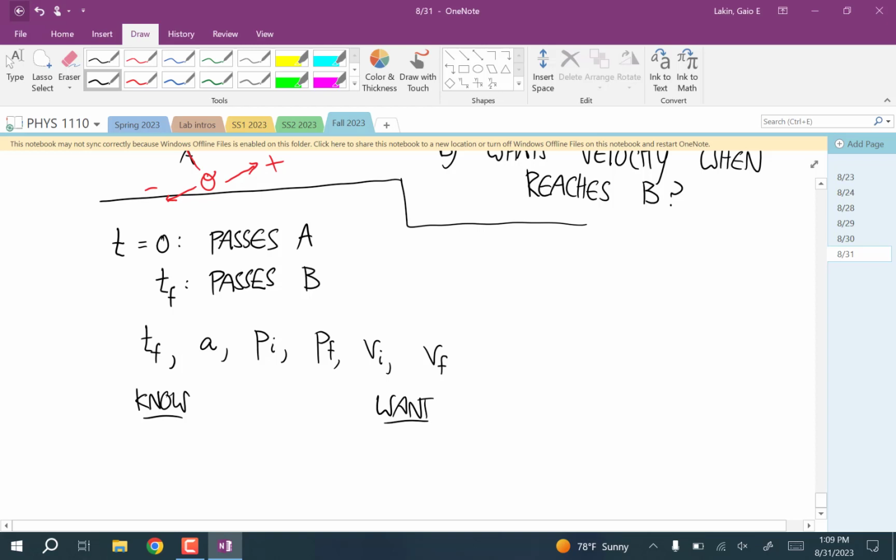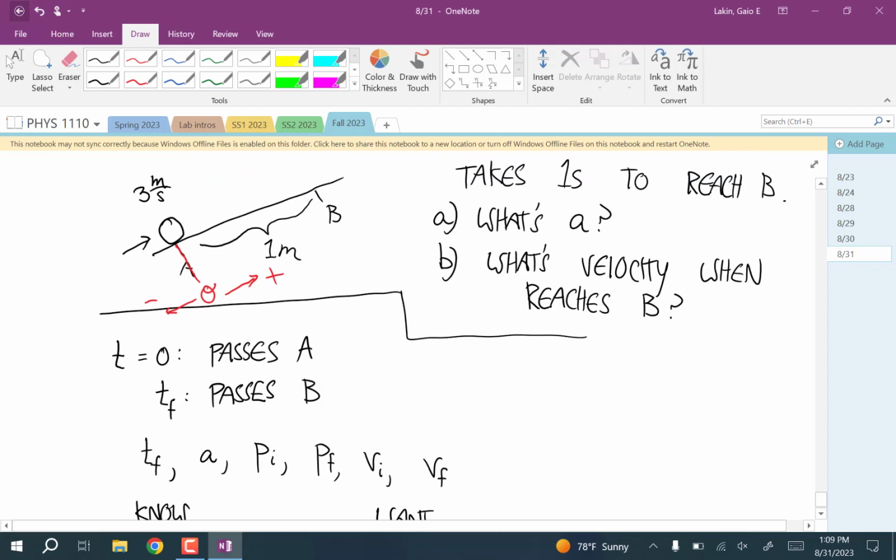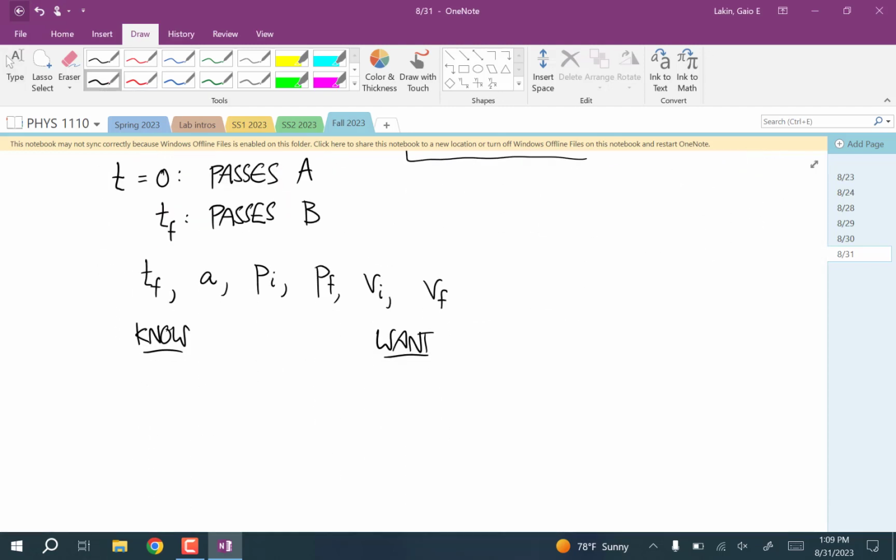Do we know what the stopwatch says when it reaches B? Yeah. So time final is 1 second.